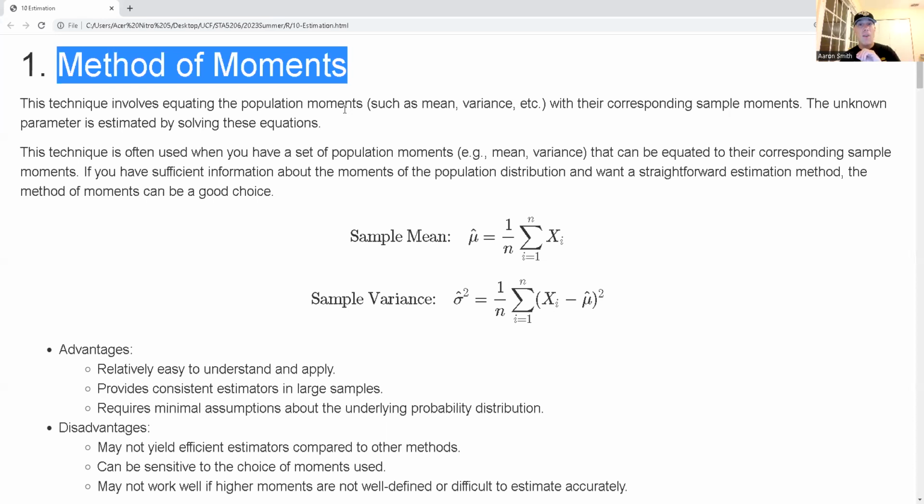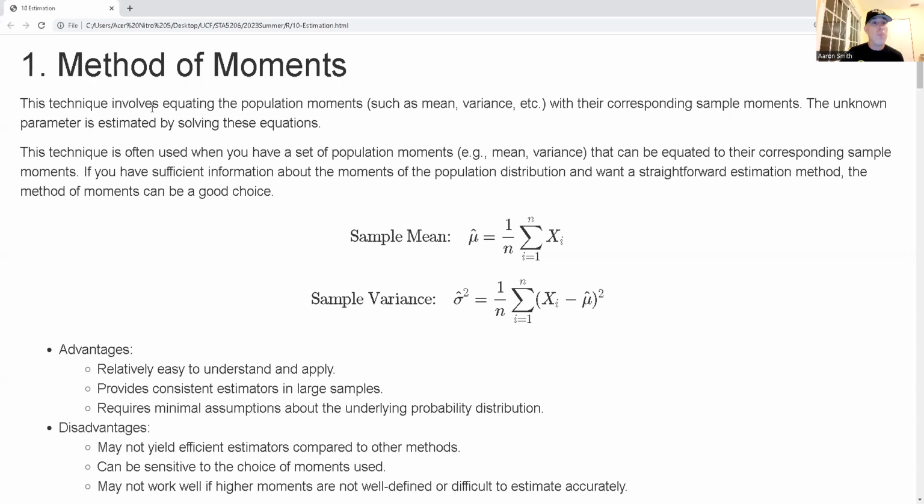Then I take the variance and I say, hey, my sample variance, I go ahead and plug that in for the population variance in the mathematical relationship, and then I've got two equations to work out. All right, and so depending on the distribution, this might be enough. Maybe we need to go to measures like skewness or kurtosis, third and fourth moments respectively. Then we keep on getting higher and higher moments until we have what we need to get our estimates.